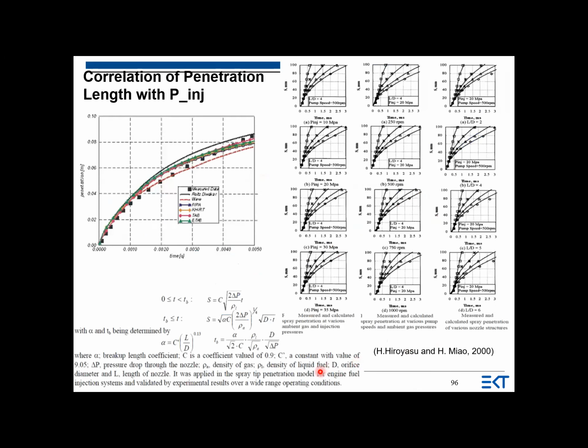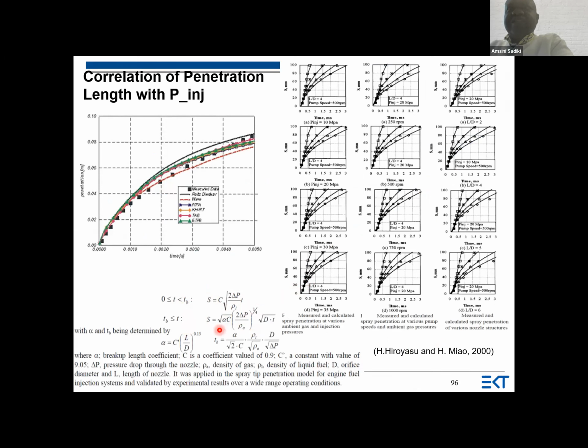Penetration and breakup length are different. This is the penetration length, and the dependency with the pressure is here. First we have two regions. The first one is up to the breakup time, and after the breakup time we have this.